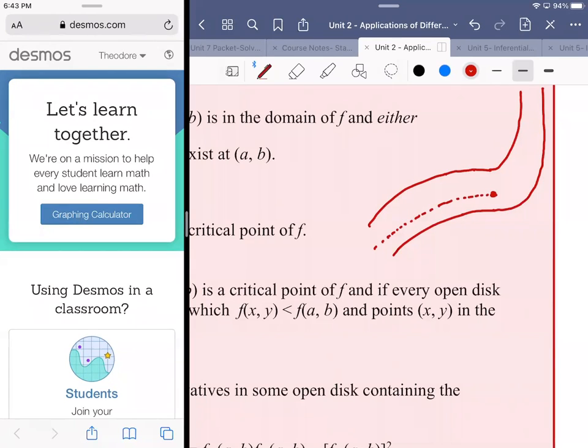What's happening is you're getting to a maximum from this direction and you think you're going to a maximum. So let's say it's right here. You think that's a local maximum, but only because your vantage point is bringing you in from this direction. You can't see what's going on over here. You can't see what's around the bend. So from your vantage point, it looks like you're approaching a max.